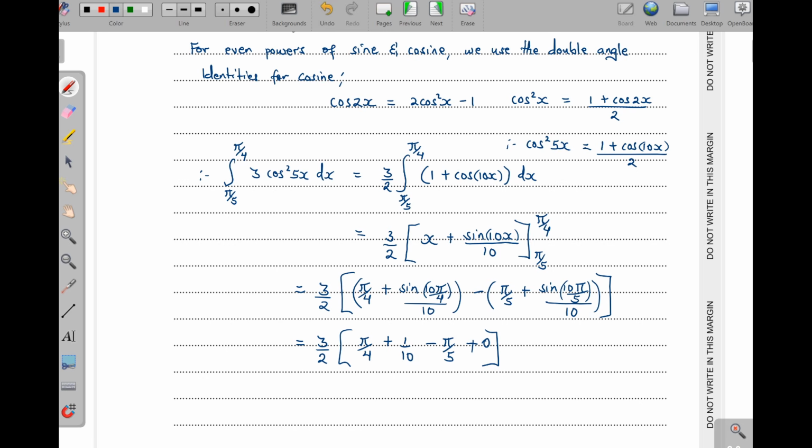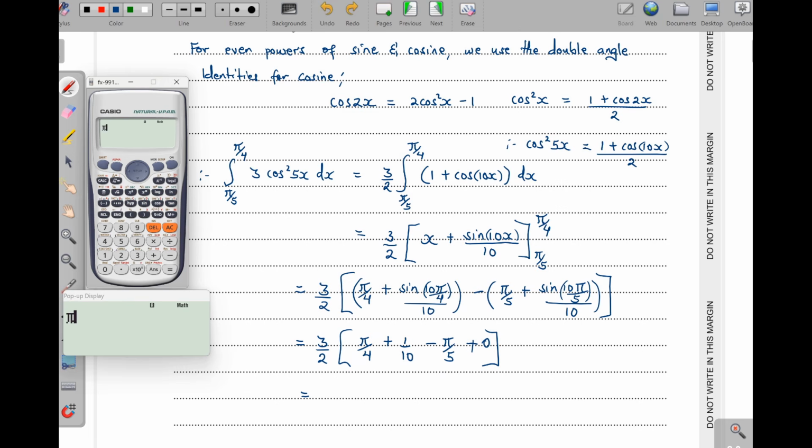Now we can simplify our answer here. We get pi over 4 minus pi over 5, so we get pi over 20.